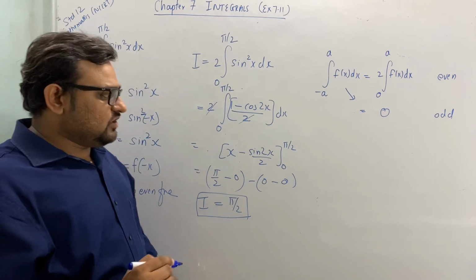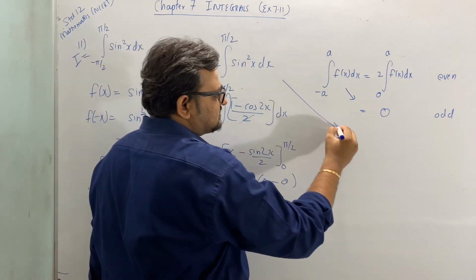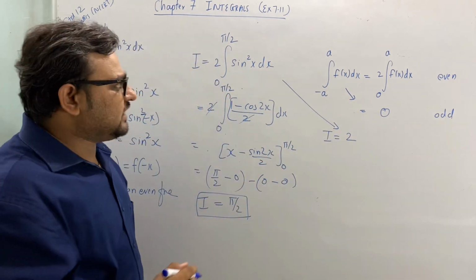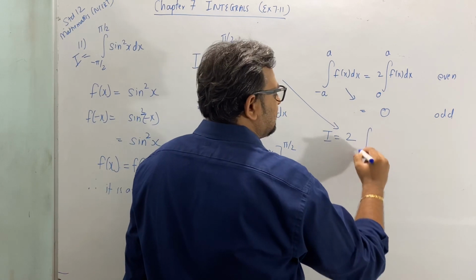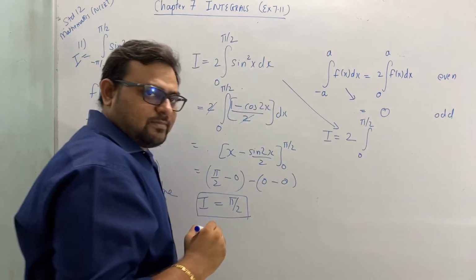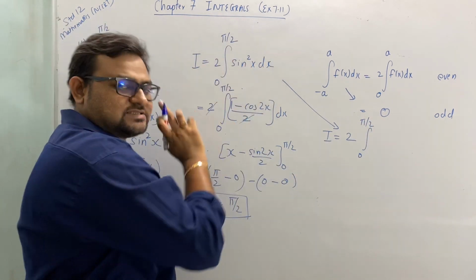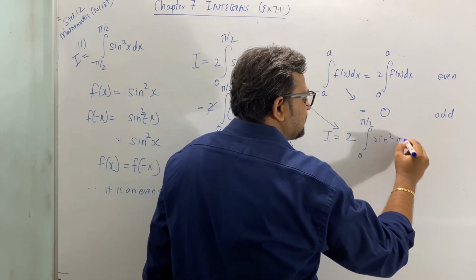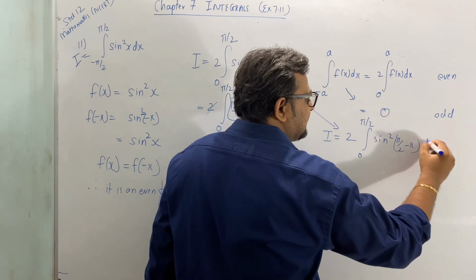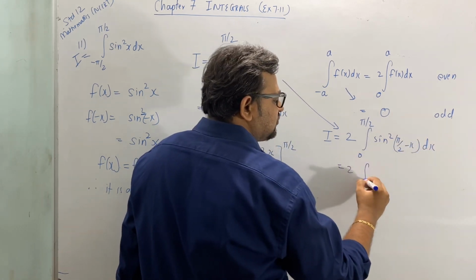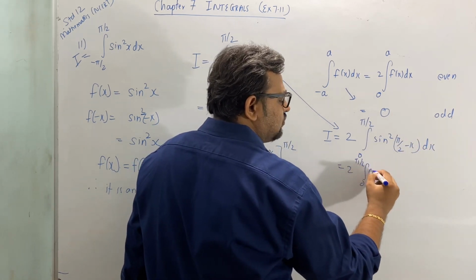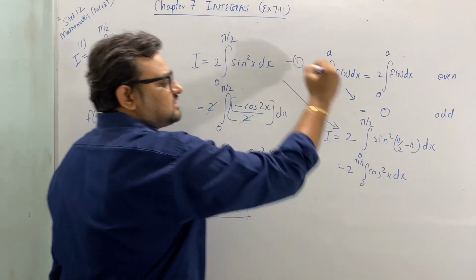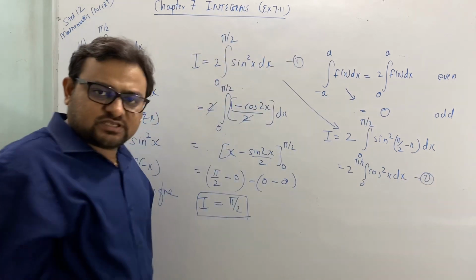Clear? There is also another method. You can also write I equal to 2 times the integral from 0 to pi by 2 using a plus b minus x. So 0 plus pi by 2 minus x in sine square (pi by 2 minus x) dx. So this will be 2 times the integral from 0 to pi by 2 of cos square x dx. Name this as 1 and this as 2.